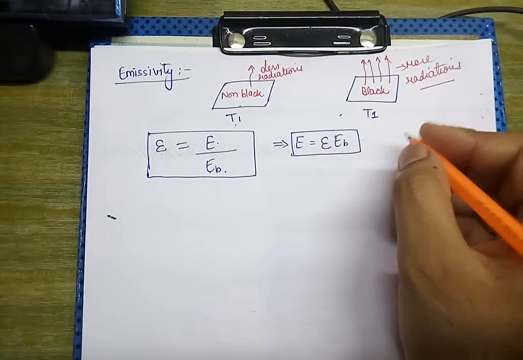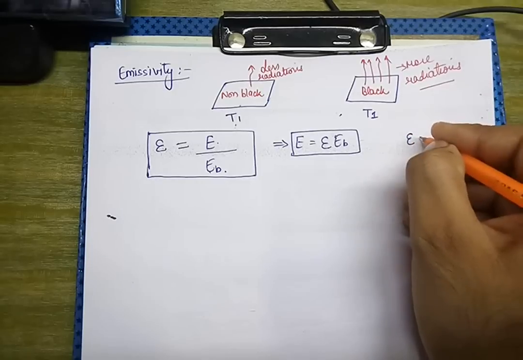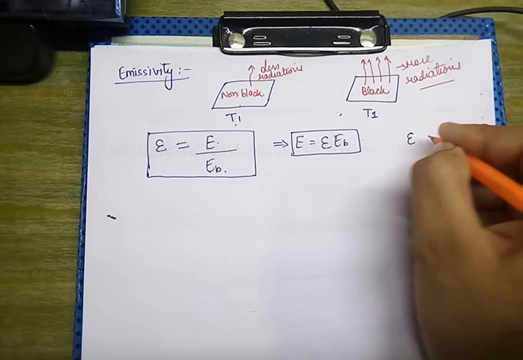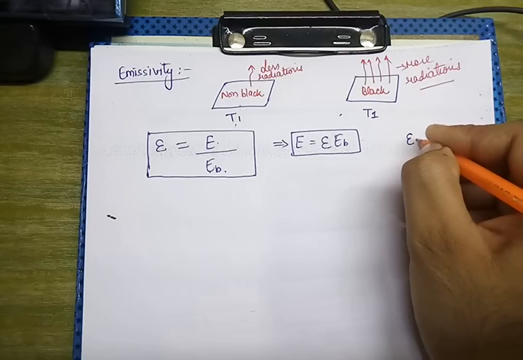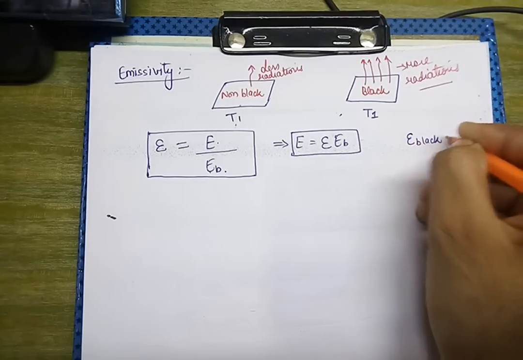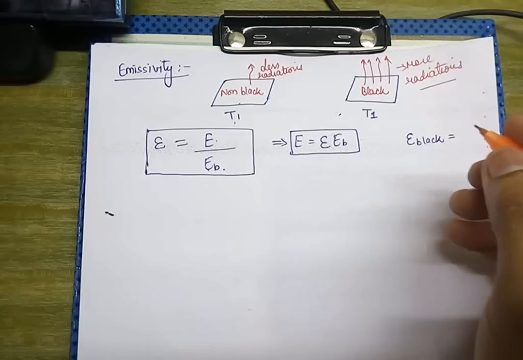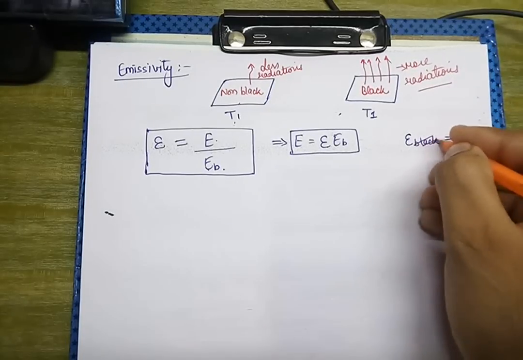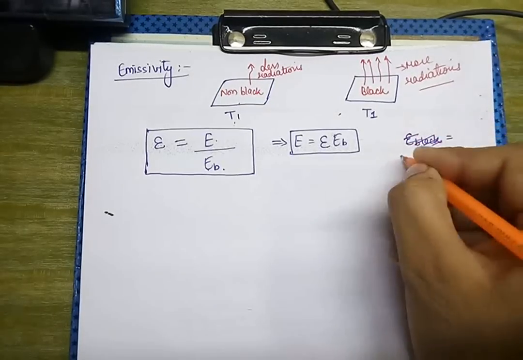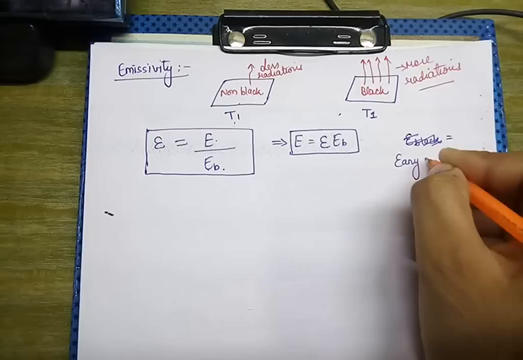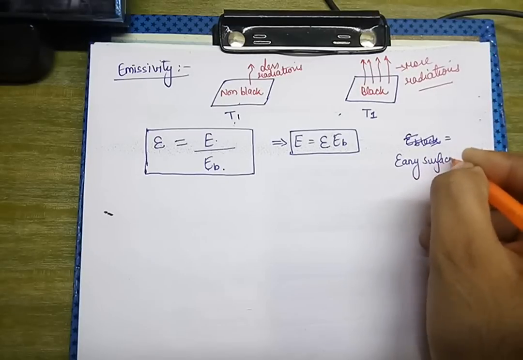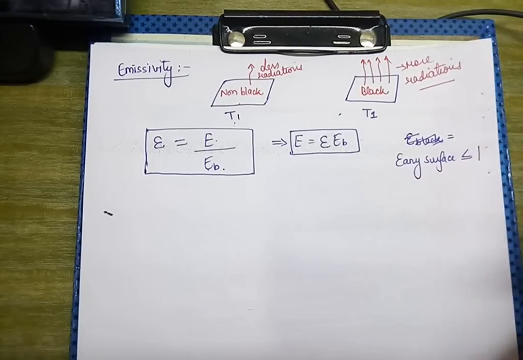Okay, now if we discuss it for any general surface, epsilon for any surface can always be less than or equal to 1.